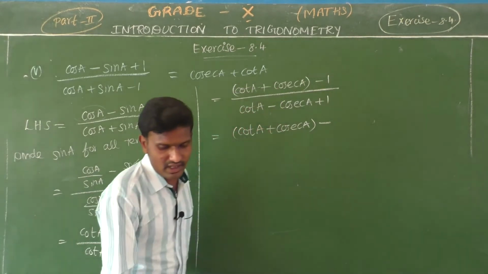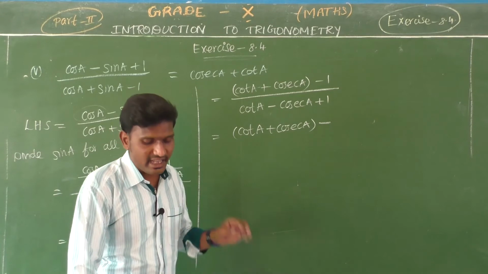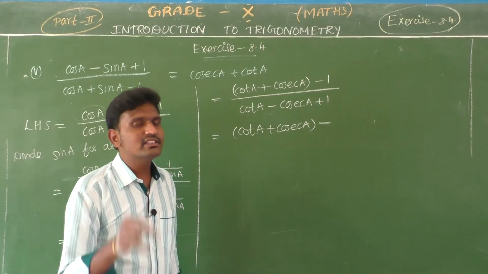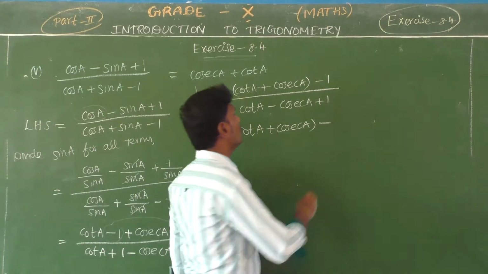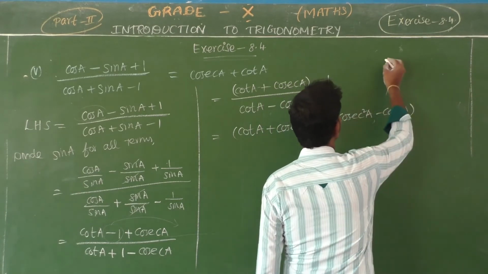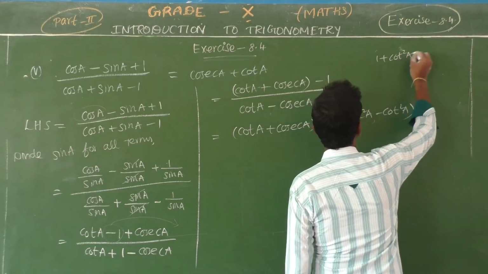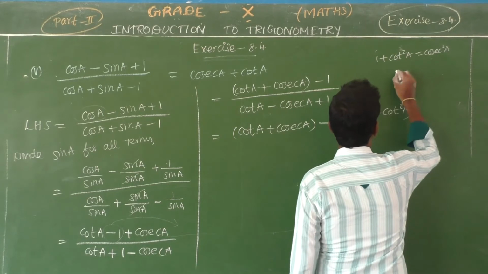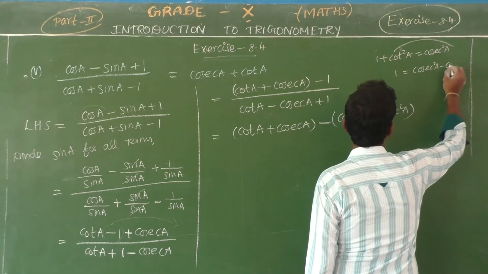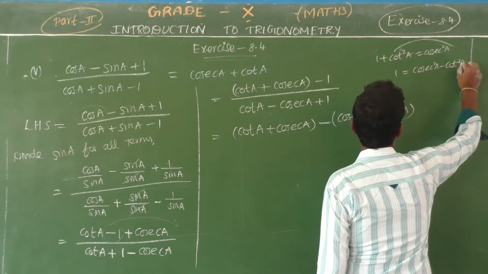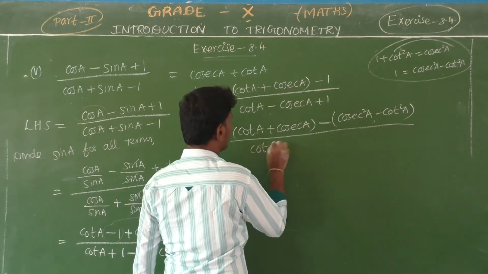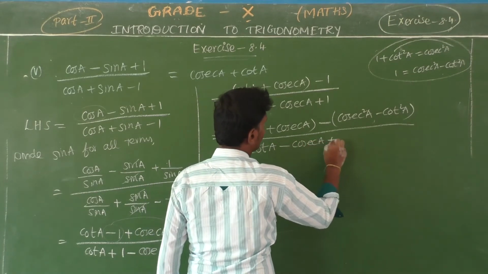You have the formula from the third identity: cosecant square A plus 1 equal to cot square A. Suppose you need 1 only, it means cosecant square A minus cot square A. Use the identity 1 plus cot square A equal to cosecant square A. I need 1 only, so moving cot square A to that side it becomes minus cot square A. So 1 is cosecant square A minus cot square A. Use that identity, so the whole divided by cot A minus cosecant A plus 1.